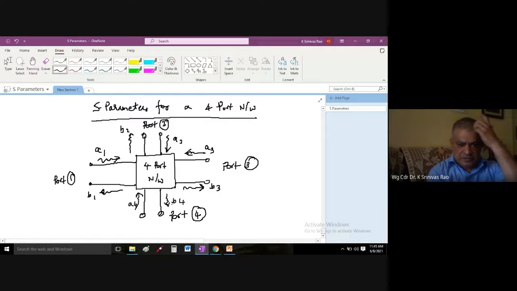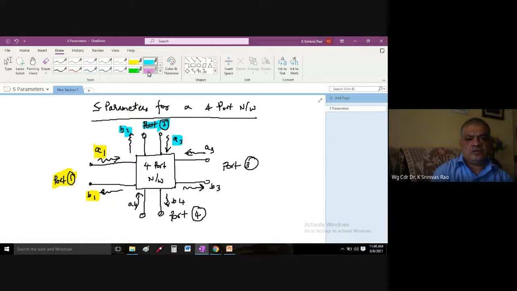So if I represent all these values here, this is your A1, B1 for port 1, and for port 2 we have A2 and B2, and for port 3 we have A3 as incident signal and B3 as reflected signal, and then port 4 we have A4 incident signal and B4 as reflected signal.